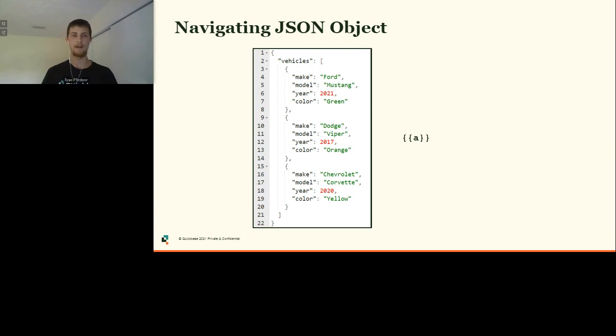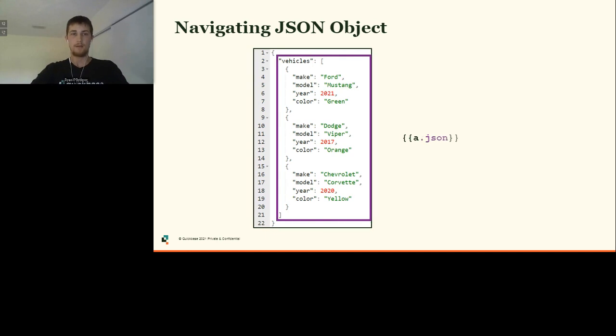In this example, we're going to say that this data structure we see on the left is returned in step A of a pipeline. In order to get at the data within this JSON format, we need to call out a for step A, .json. So .json gets us into that JSON object.